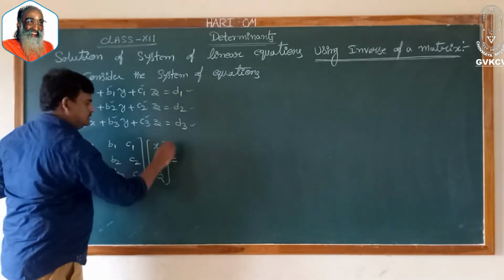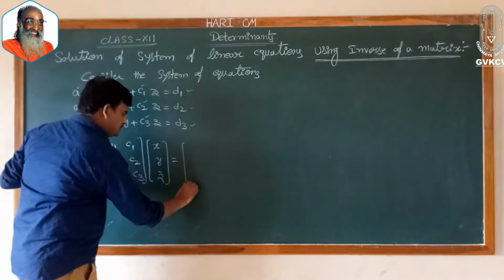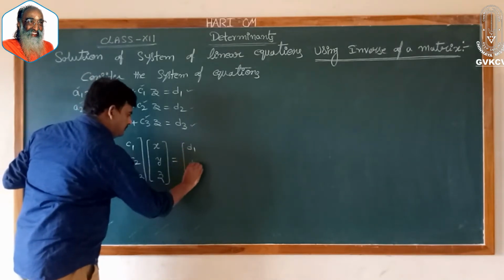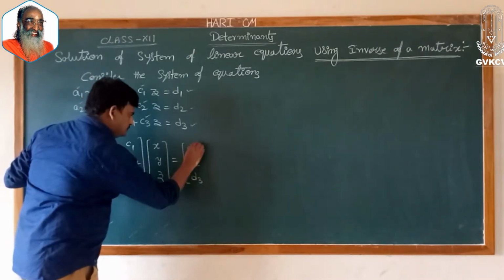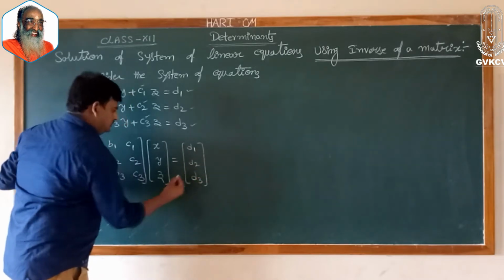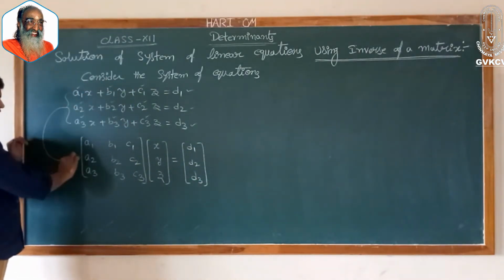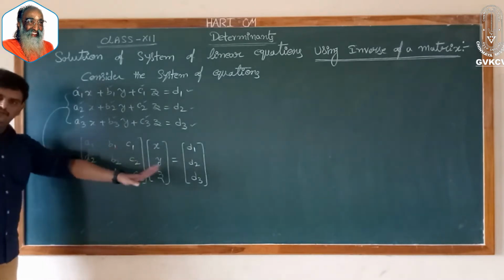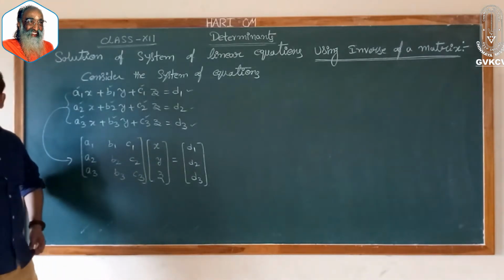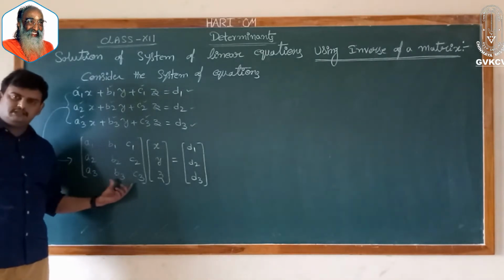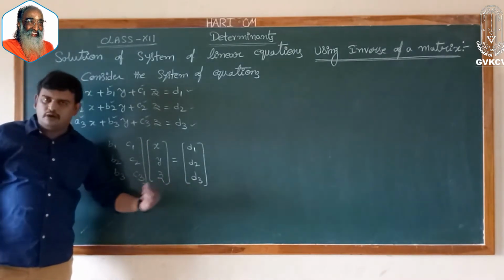Now the constants, all constants we consider as again a column matrix. So the system of linear equations is converted into matrix form. Here I have one matrix, and this is one matrix and this is one matrix.